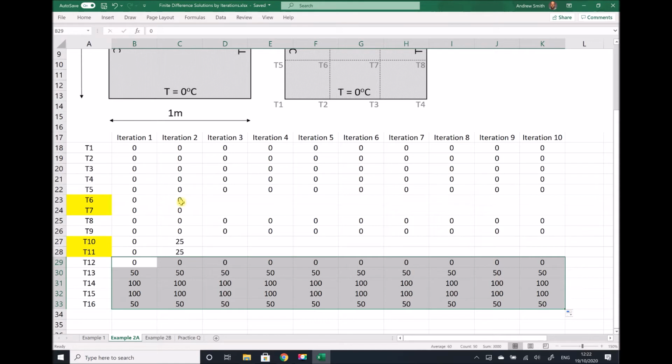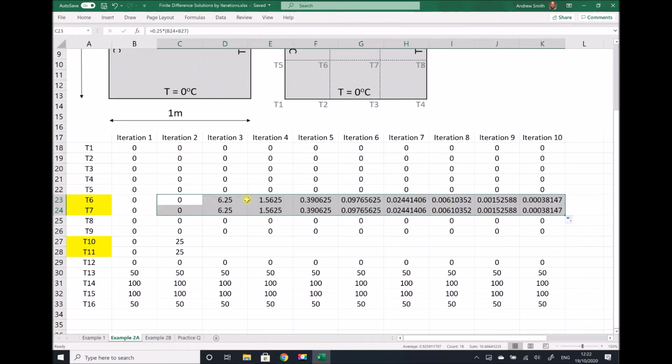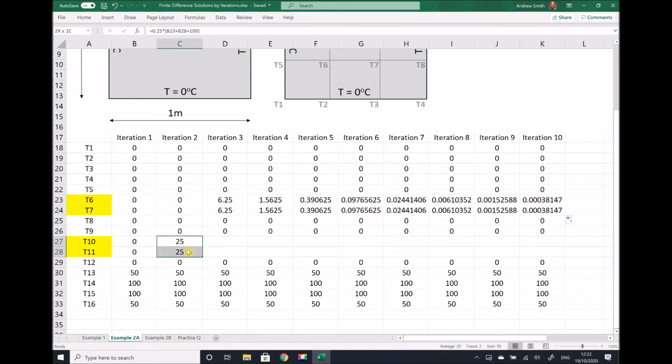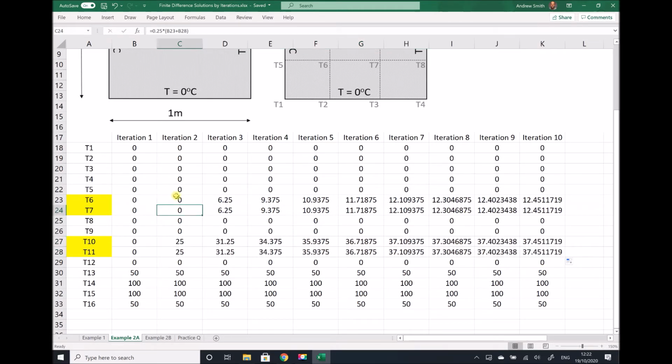We know that for T6 and T7 we have a formula in these cells, so I want you to see what happens when we paste these across. Now, at the moment, these values don't seem to mean anything, and the reason for that is because each of those are actually connected to T10 and T11 as well. Recall that these are simultaneous equations, they all relate to each other. So now when we paste these ones in, what we see is that we have values which begin converging.